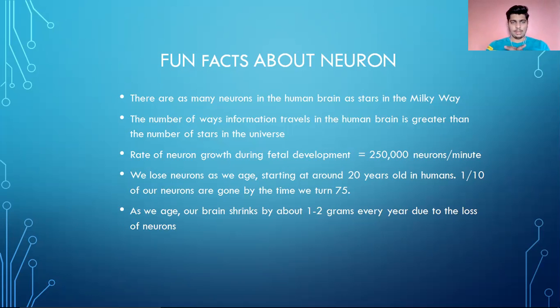Then we lose neurons as we age, starting at around 20 years old. One in 10 of our neurons is gone by the time we turn 75. As we age, our brain shrinks by about 1 to 2 grams every year due to the loss of neurons. So these are some facts about it.